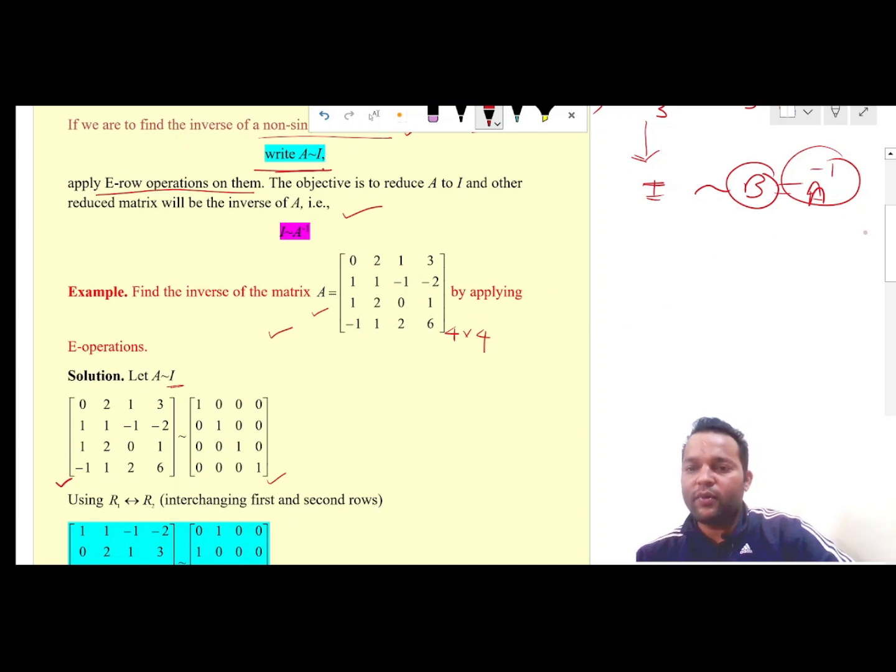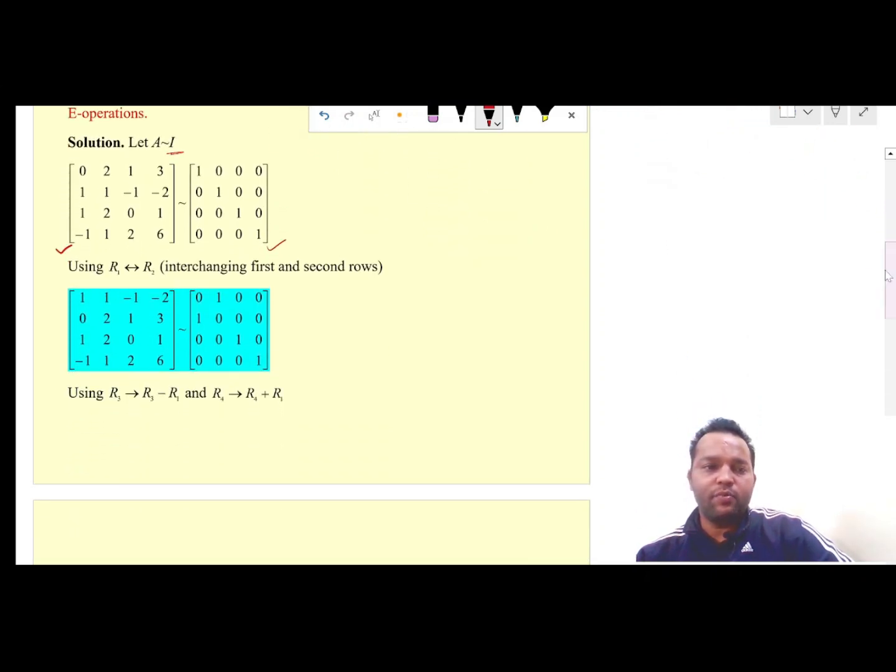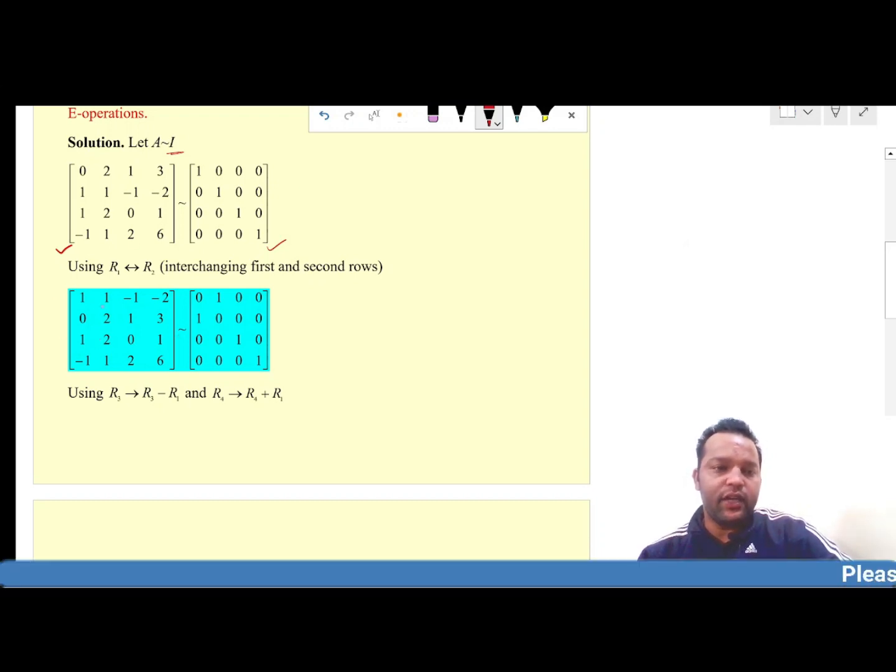Now, our objective is to reduce matrix A into the identity matrix with the help of a sequence of elementary row transformations only.